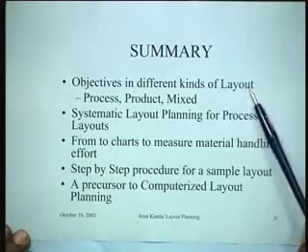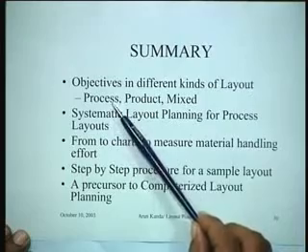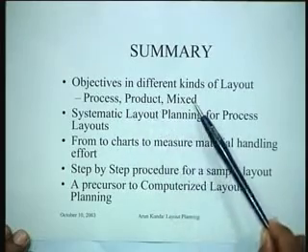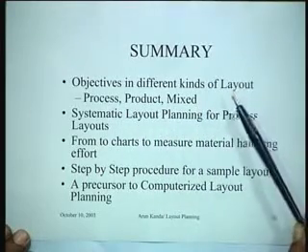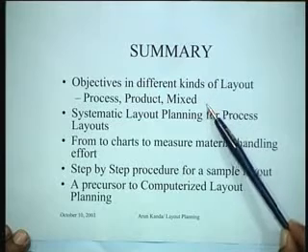So we have actually solved the plant layout problem for this particular case by developing a block plan which looks like this. And finally, what we have tried to do in this particular lecture is that we have seen that the objectives in different types of layouts, whether you're talking about process layout or product layout or mixed layout or even cellular layouts, are different, and therefore the ways of handling these layouts are all different.